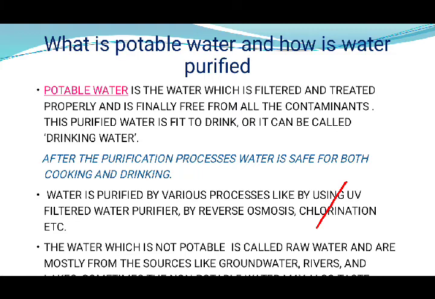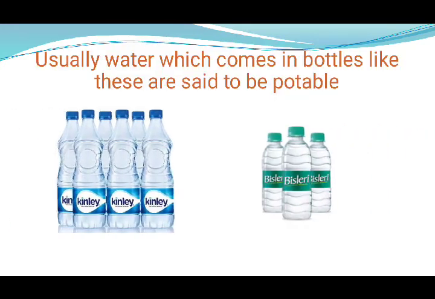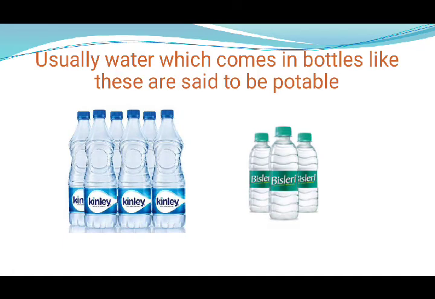I told you just now by which processes we can convert the polluted or raw water into potable water. Usually, you have used various packaged water. Generally, packaged water is filtered water, or we can say potable water.